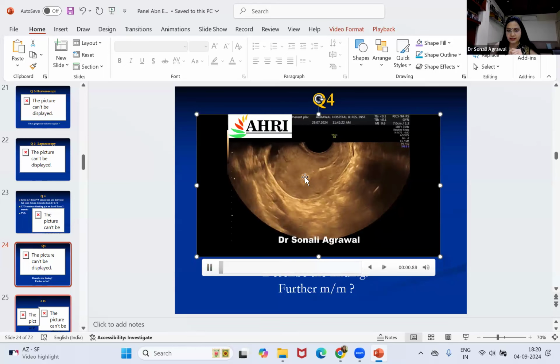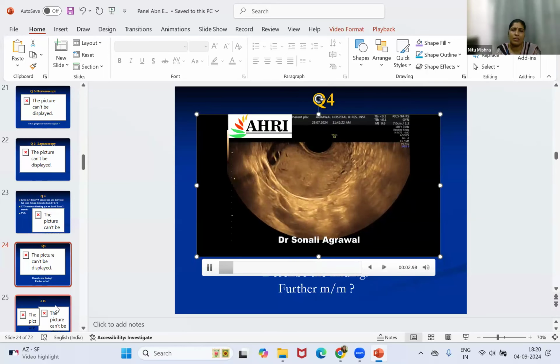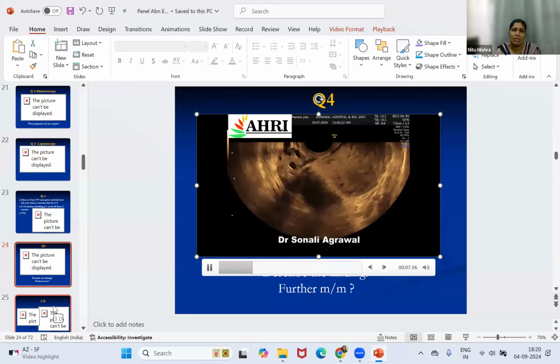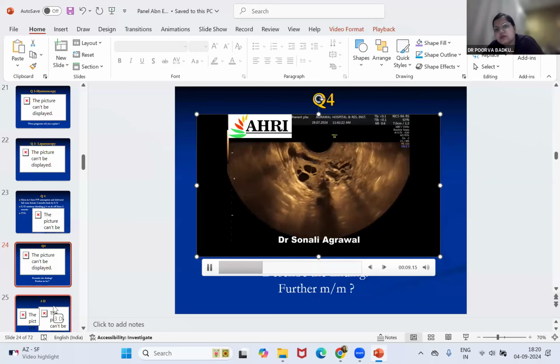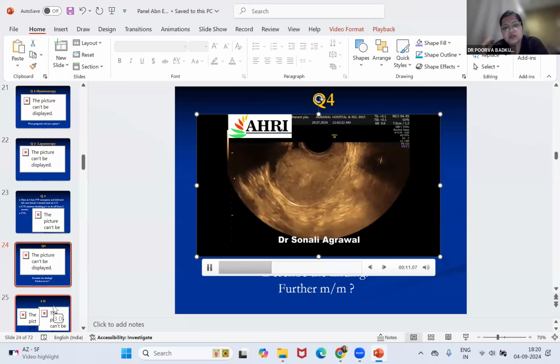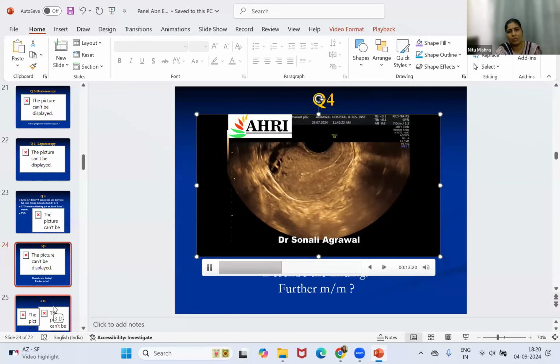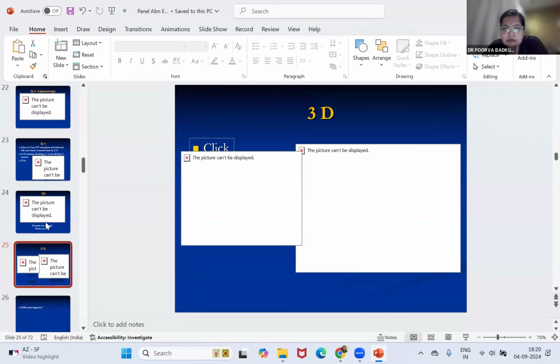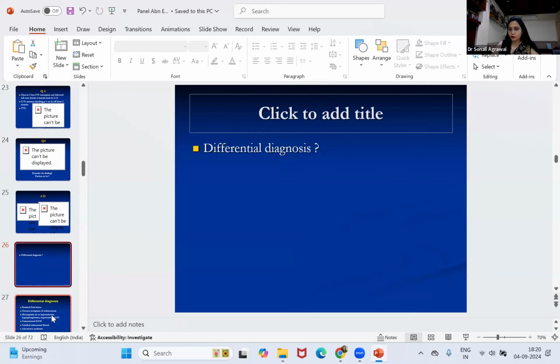Here we can see the endometrium is irregular and patchy, with linear hyperechoic lesions that are small. They are also patchy, not uniform. The 3D pictures are not showing anything. So what do you think? What can be the differential diagnosis of this patient?